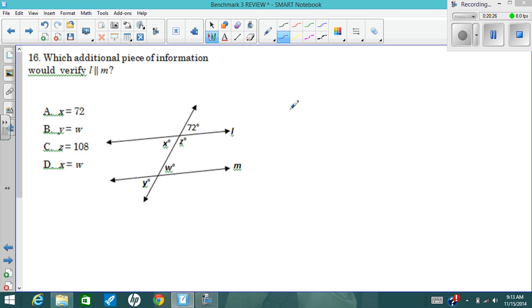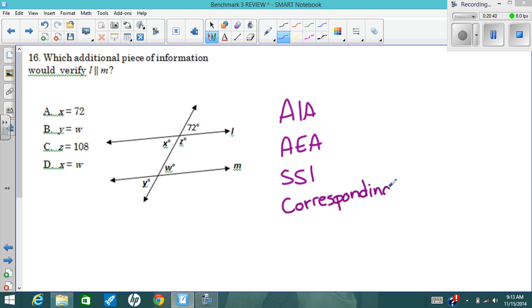Alternate interior, AIA, alternate exterior, the same side interior, or the corresponding. So we do have vertical angle pairs and we do have linear pairs, but those don't tell us anything about parallelism. So when we look at these four answer choices, we want to find the answer choice that tells us about one of these four special angle pairs.